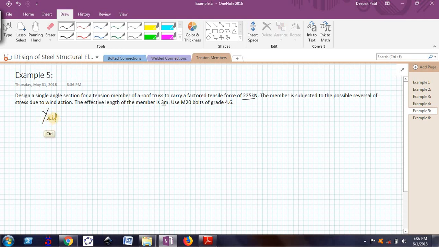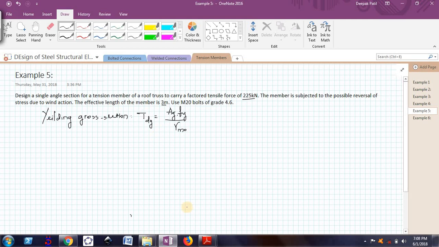Yielding of cross section says that the design tensile capacity of a member as per yielding of cross section is Tdg equal to Ag fy divided by gamma m0.